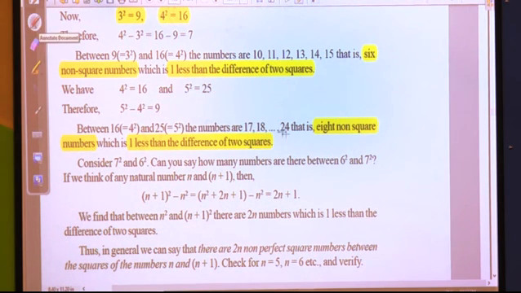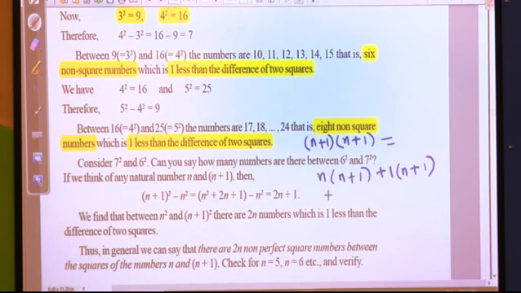Here, n plus 1 bracket square means what? In other words, it is n plus 1 multiplied by n plus 1, which is equal to n in bracket n plus 1, and after that plus 1, again the second bracket is repeated, n plus 1.